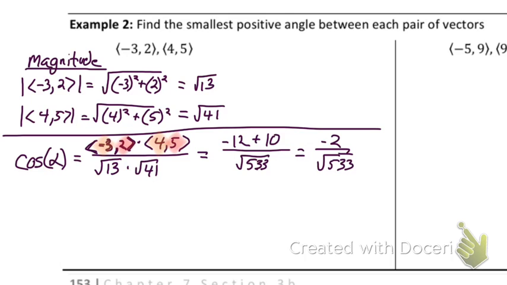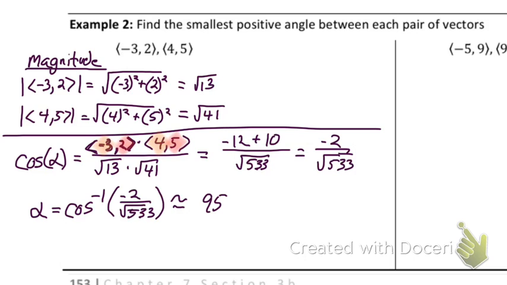So that's going to give me alpha equals the cosine inverse of negative 2 over square root of 533, and absolutely you'd get your calculator out, and you come up with about 95.0 degrees.